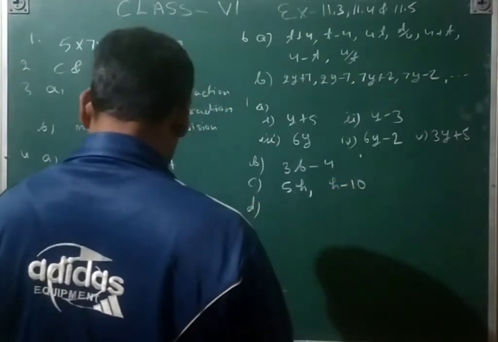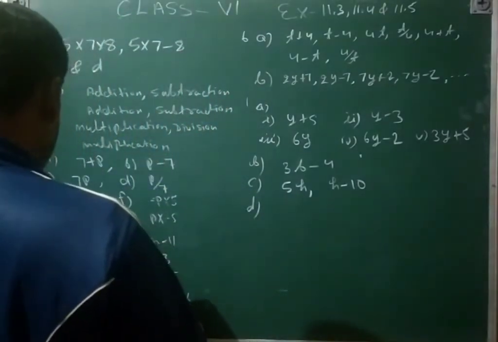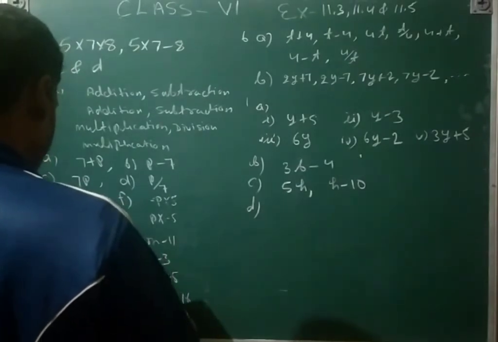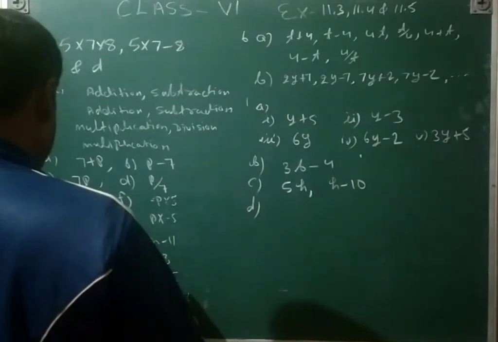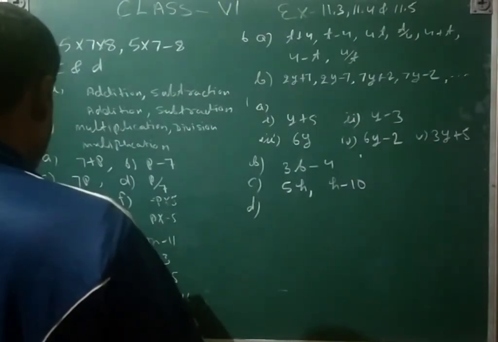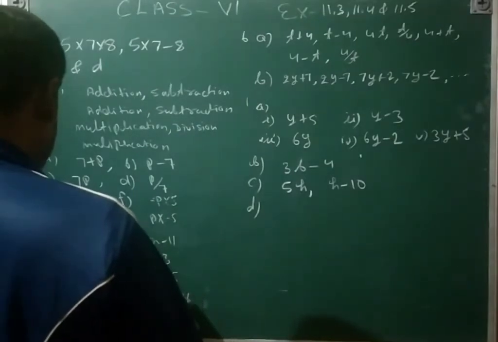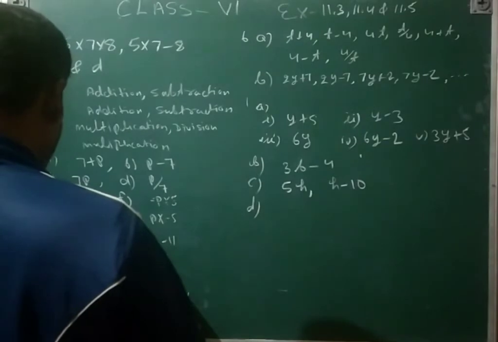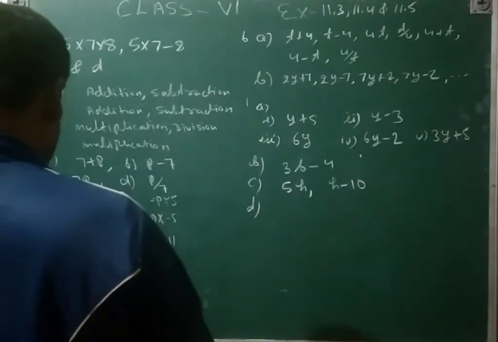D part, Meena, Beena and Leena are climbing the steps to a hilltop. Meena is at step s. Beena is 8 steps ahead. Leena is 7 steps behind. The total number of steps is 10 less than 4 times Beena's position. Express the total number of steps using s.